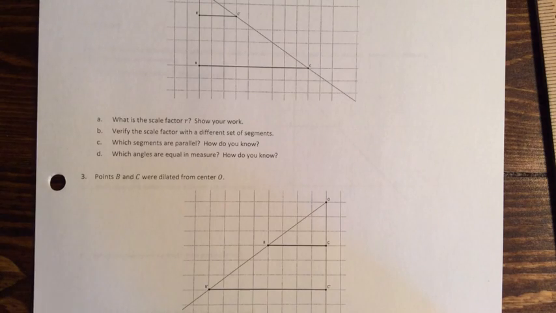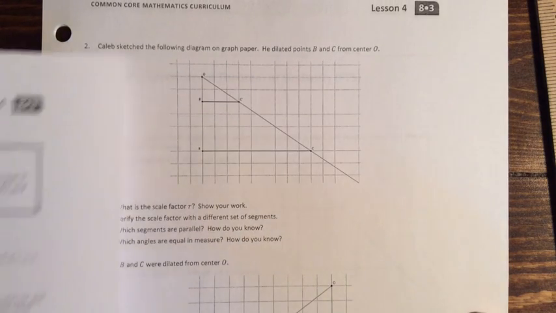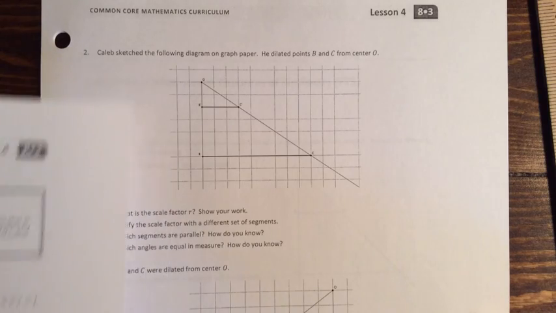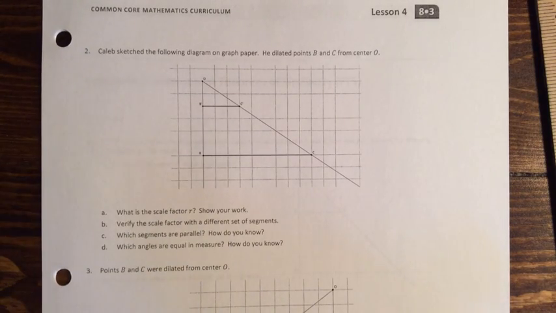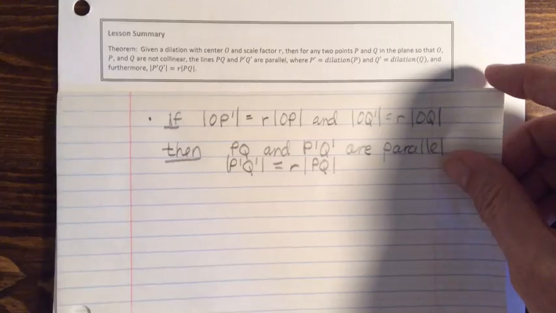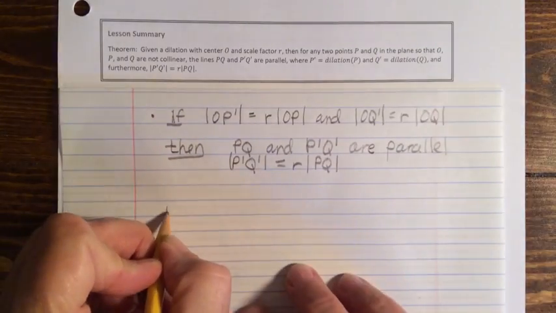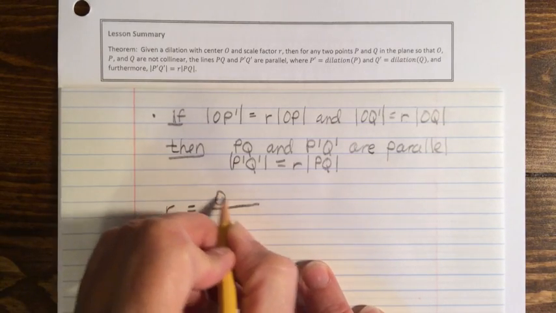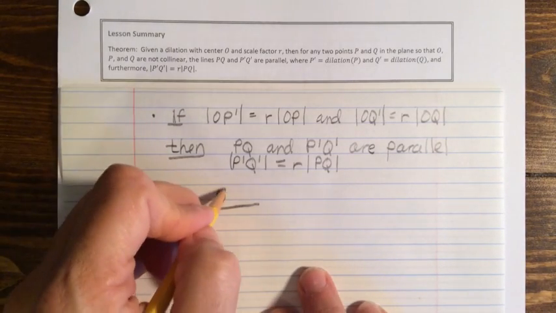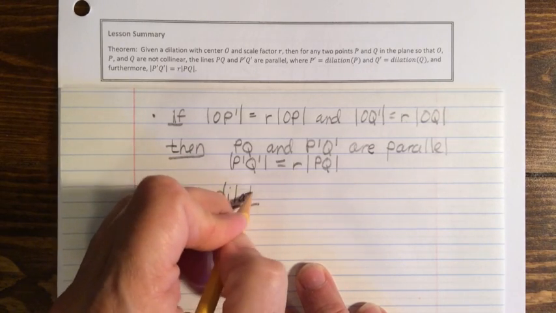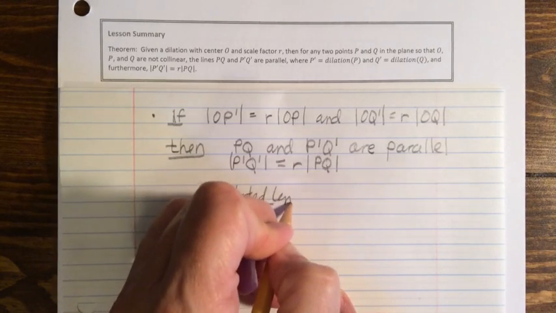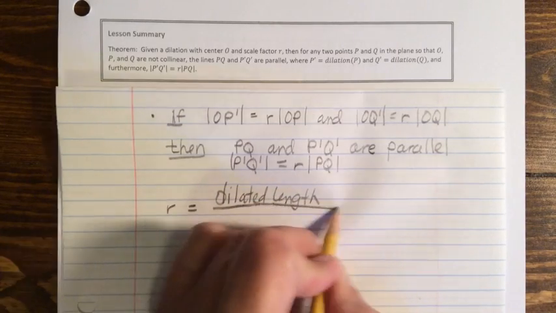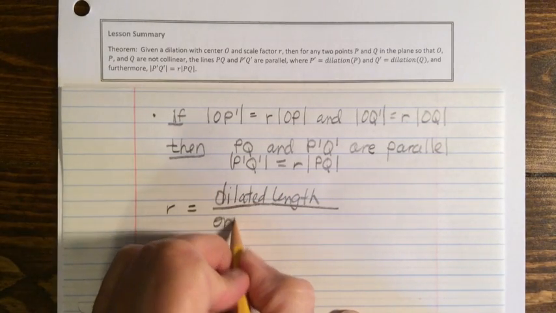And then there are a few problems that you're going to do on graph paper. It gives you some different dilations where you're going to find the scale factor. Remember, it's real easy to find the scale factor, because the scale factor is just a ratio, the ratio of the dilated length over the original length.